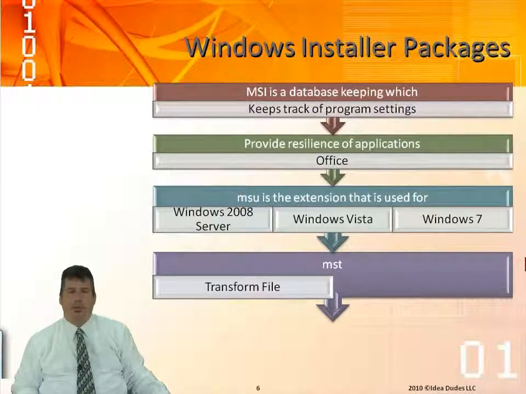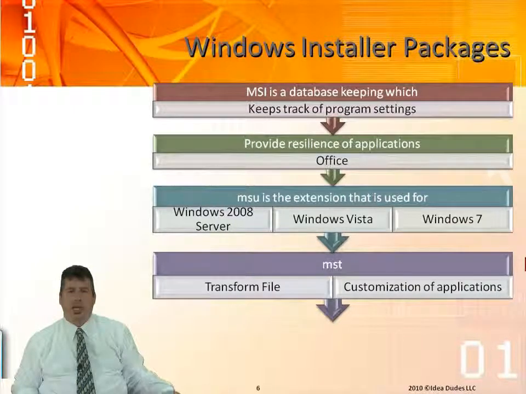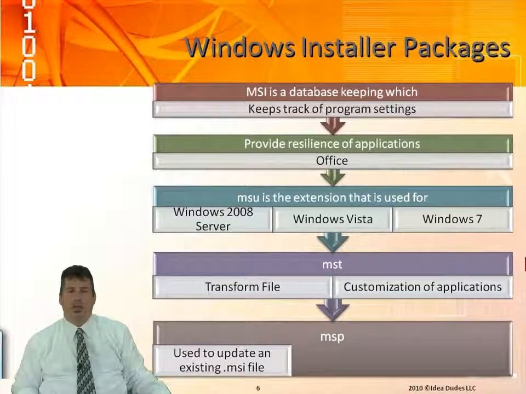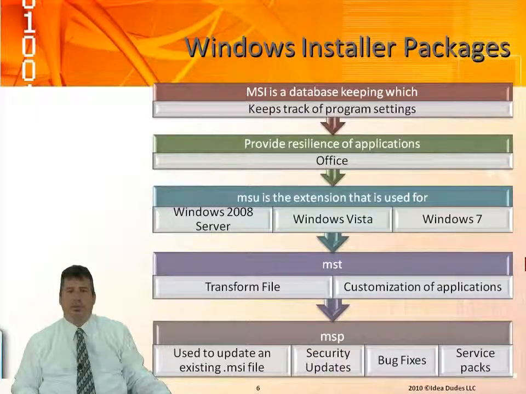I mean, any other different utilities that are in Office. So we can customize the application. And then an MSP is used to update an existing MSI file: security updates, bug fixes, and service packs. So when we're talking about the Windows Installer Packages, this is what we're talking about, the MSI and MSUs.